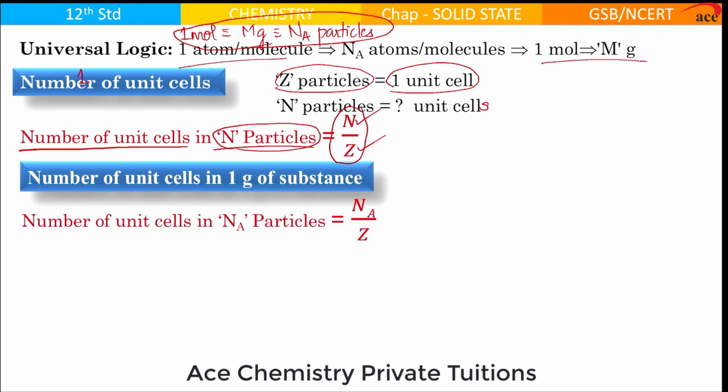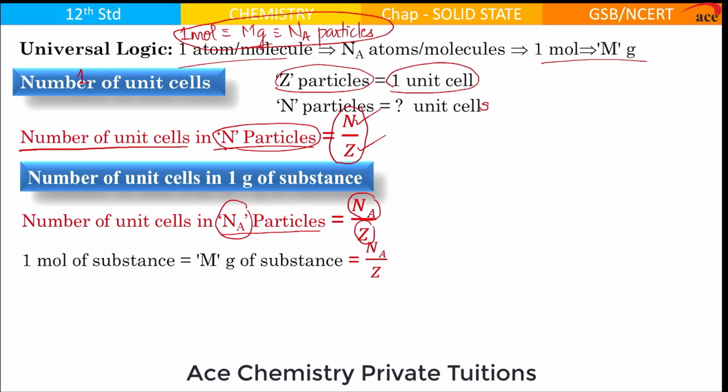Number of unit cells in 1 gram of substance. How many unit cells are present in 1 gram? It is Na/Z, only in the place of n we have put Na, where Na stands for Avogadro number. We are aware that 1 mole stands for M gram of the substance, and M gram of the substance contains Na particles.